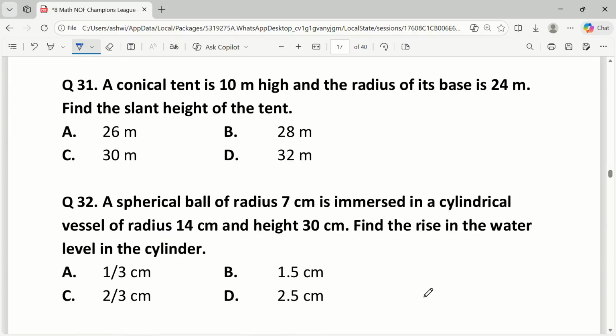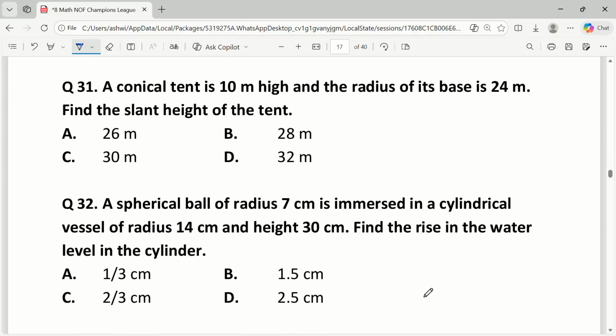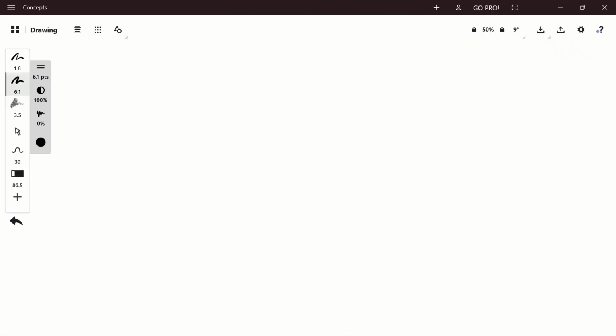Question 31. A conical tent is 10 meters high and the radius of its base is 24 meters. Find the slant height of the tent. The height, radius, and slant height of a cone form a right angle triangle. The relationship is given by Pythagorean theorem r square plus h square is equal to L square.